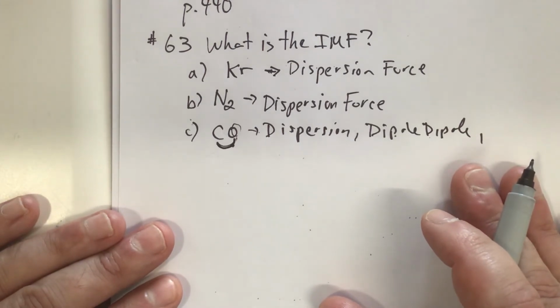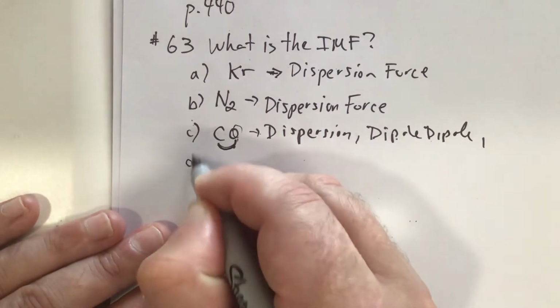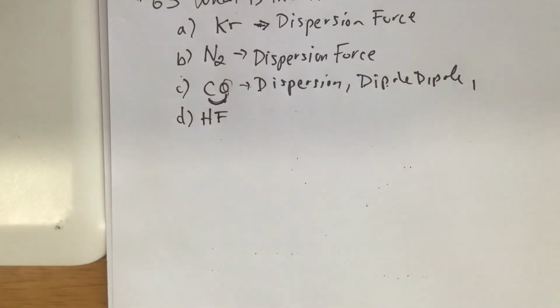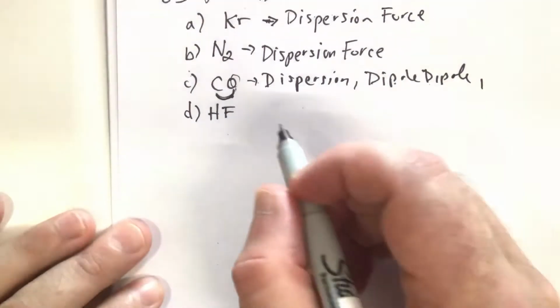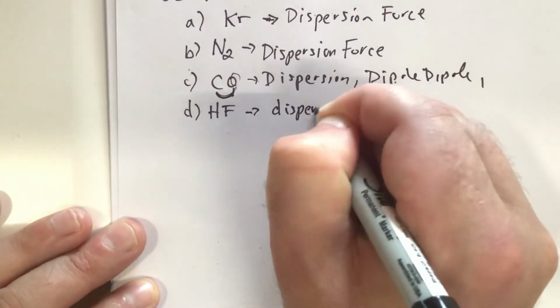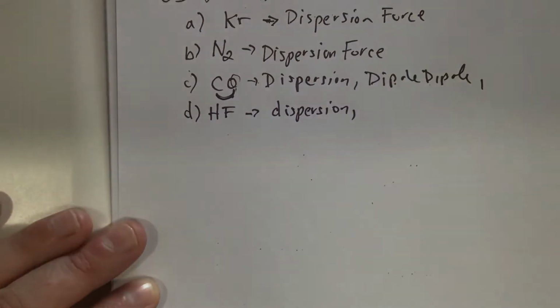Okay, the last one there, we've got HF, which you should know what that is. It's hydrofluoric acid. All molecules have a dispersion force.